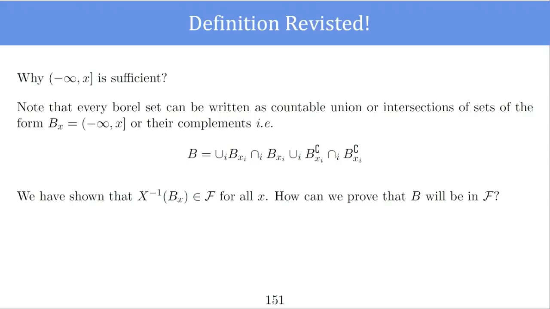So why is it sufficient? Now we understand that every Borel set can be written as a countable union or intersection of sets of the form minus infinity to x or their complements.